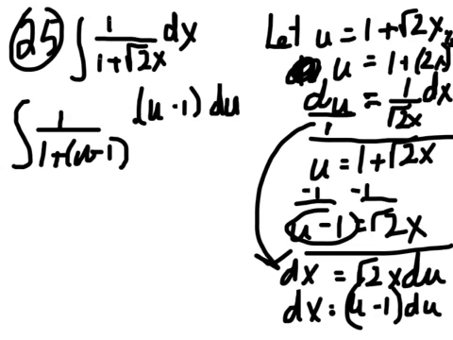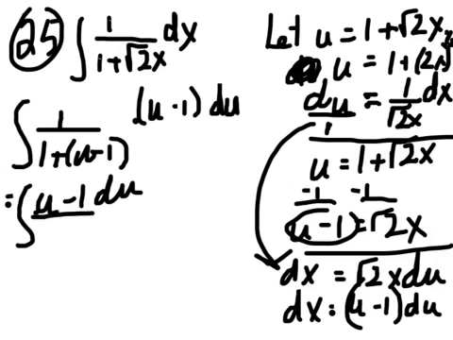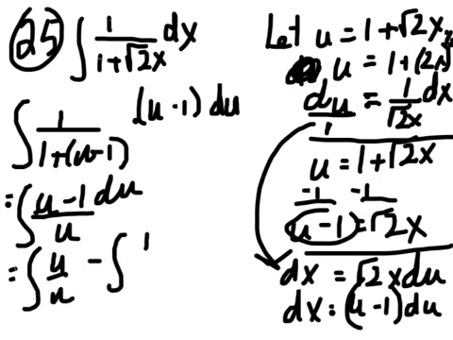Now, if I have that, let's clean it up. I'm going to put u minus 1 du on top. And on the bottom, I have 1 plus u minus 1, which is just u. So that ends up being the integral of u over u minus the integral of 1 over u du.